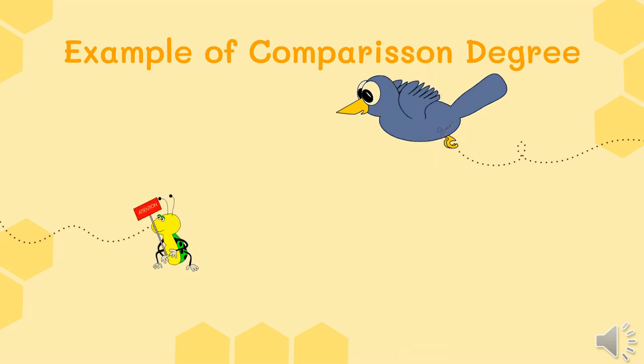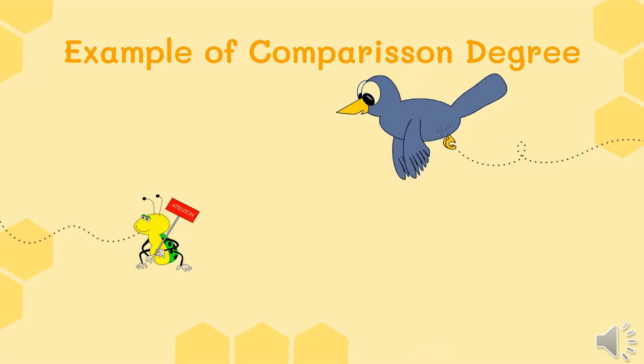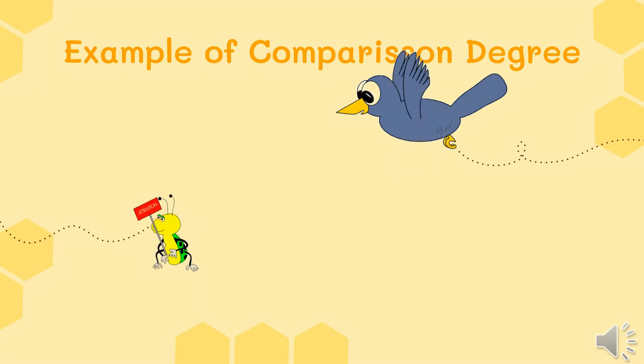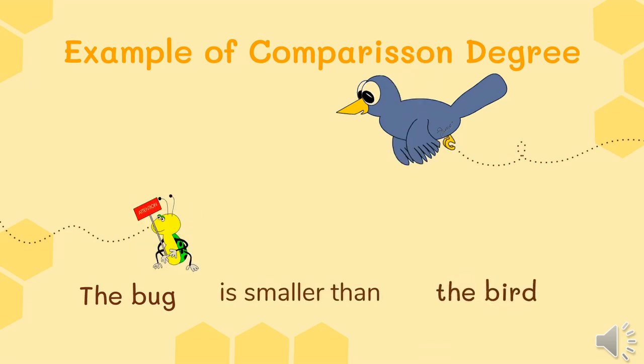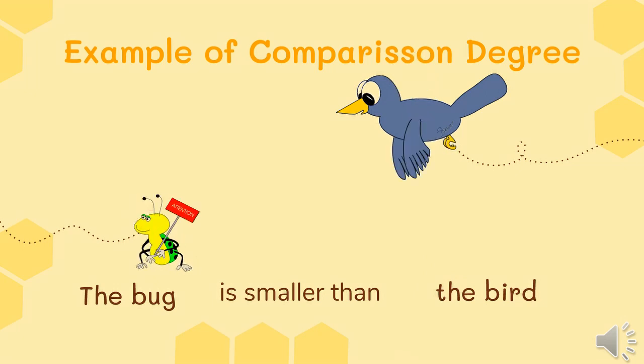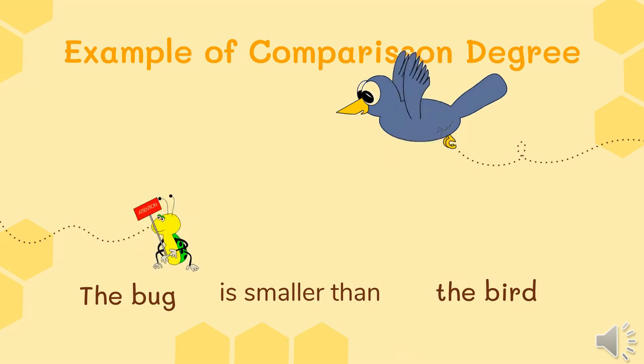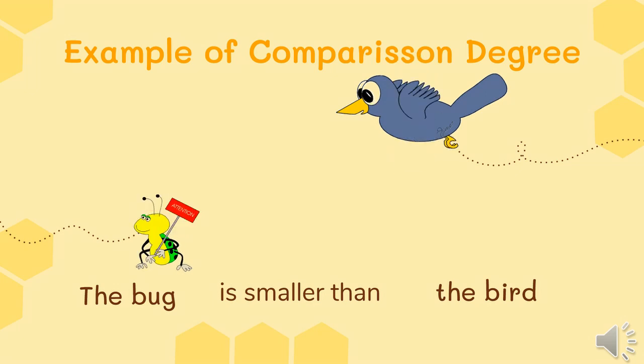The one is small and the one is big. So, we can compare them. We can say it like this. The bug is smaller than the bird. Once more. The bug is smaller than the bird.